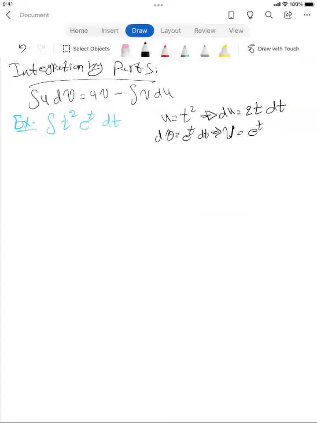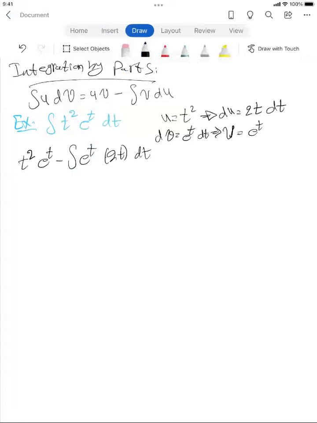And then just follow the formula, it becomes uv minus the integral of v du, which is e to the t times 2t dt.